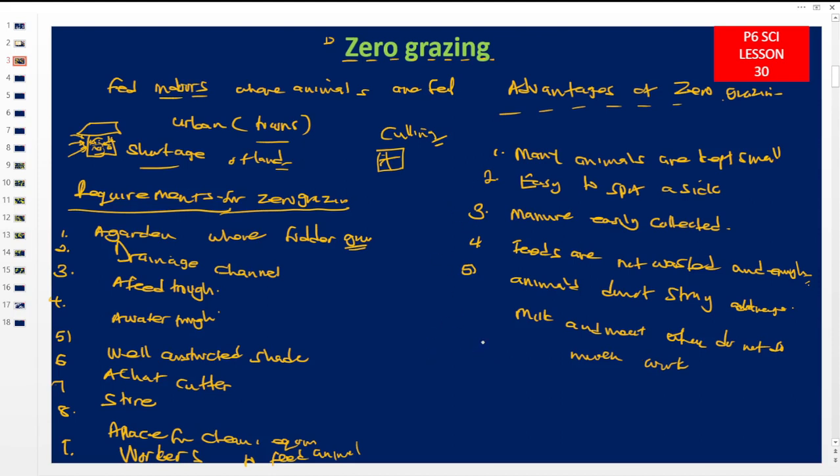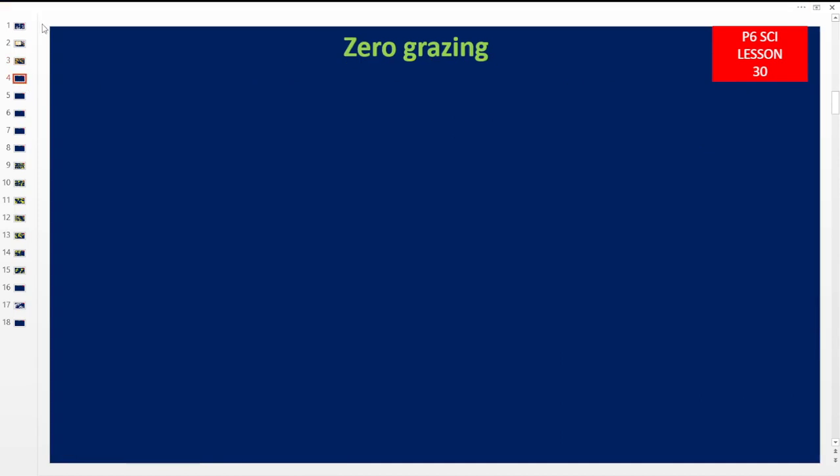Alright, everything which has advantages also has some disadvantages. Now let us look at the disadvantages. Number 1, it is very expensive to start, as you have seen from the requirements. And diseases spread easily.